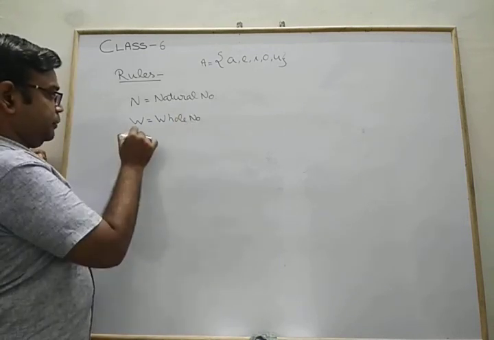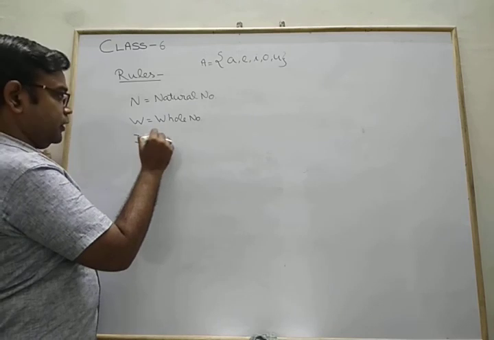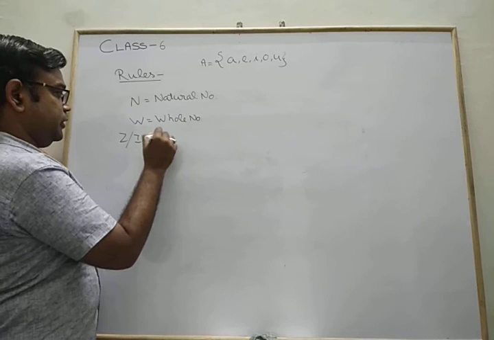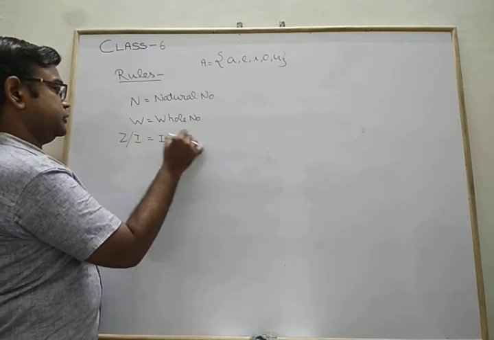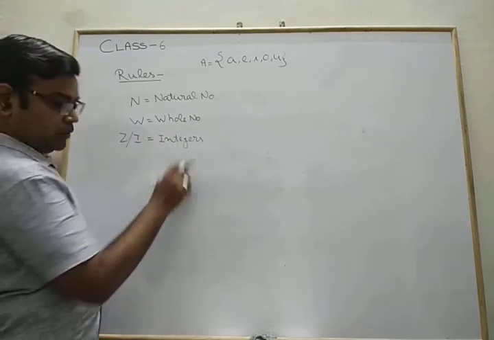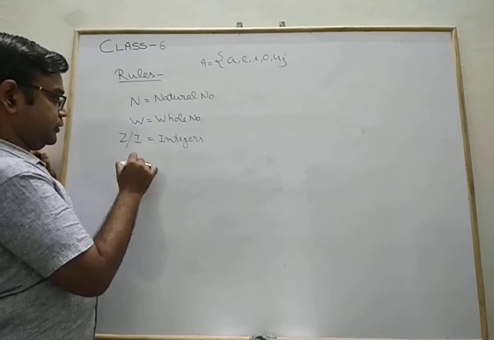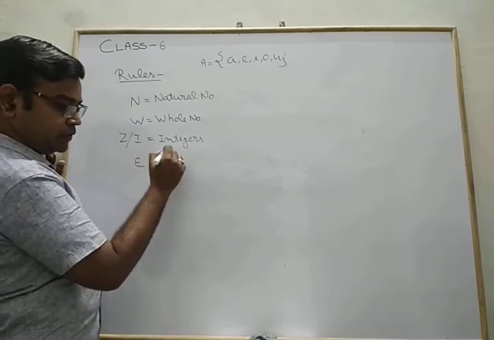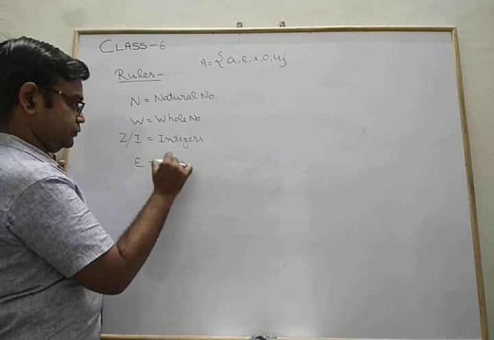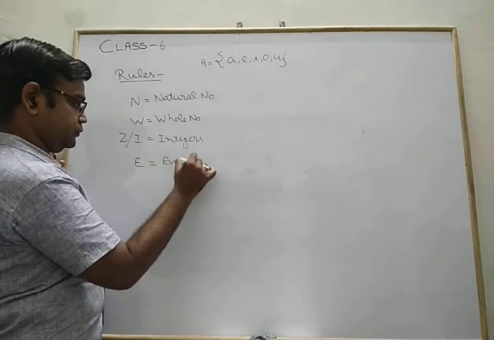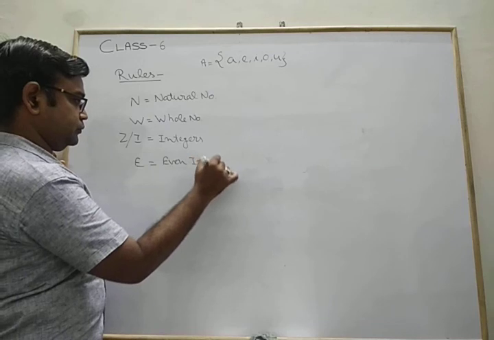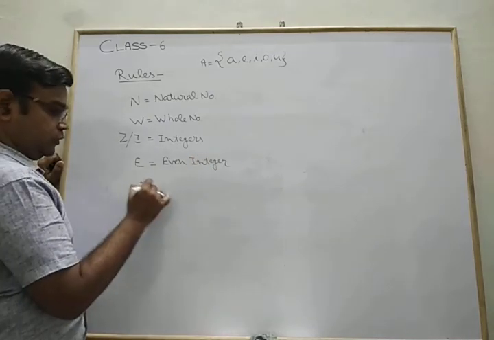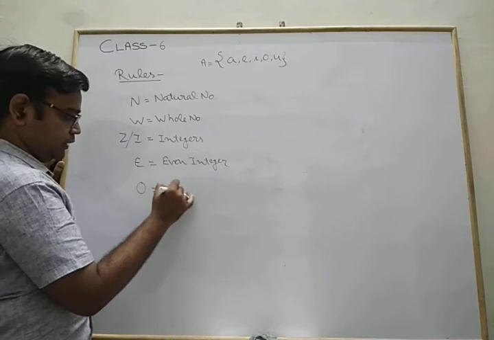Then I represents integers, sometimes I, sometimes Z. Then E always represents even integers. Then we have O, a unique one, odd integers.